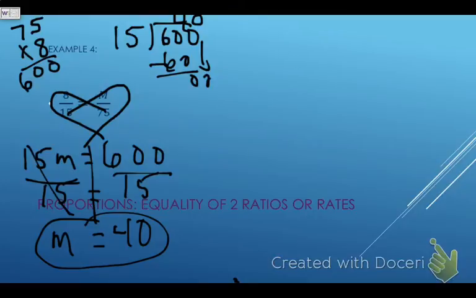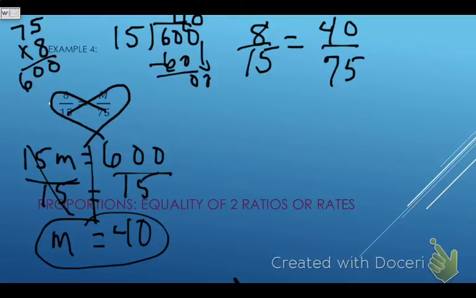Let's make sure we double check it. So we want to say the ratio of 8 to 15 is equivalent to the ratio of 40 to 75. Well, let's see. We just did 75 times 8 over here, and we know that's 600.